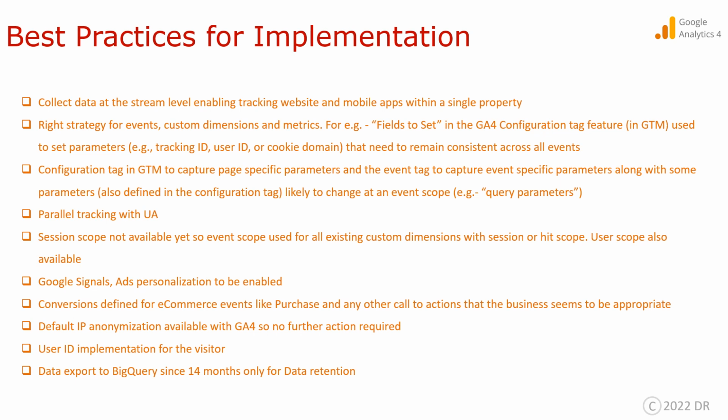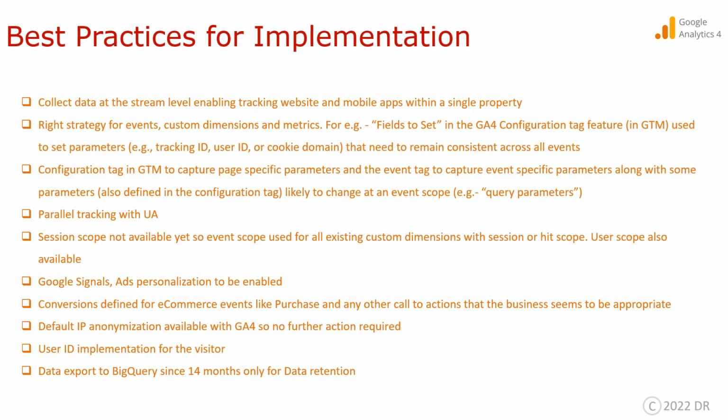So how do we do the right strategy for events, custom dimensions, and metrics? The basic idea here is that within the config tag, you have fields to set, and you can put in those parameters like tracking ID, user ID, and so on that need to remain consistent across all the events. Then in the config tag, you should capture page specific parameters, right?